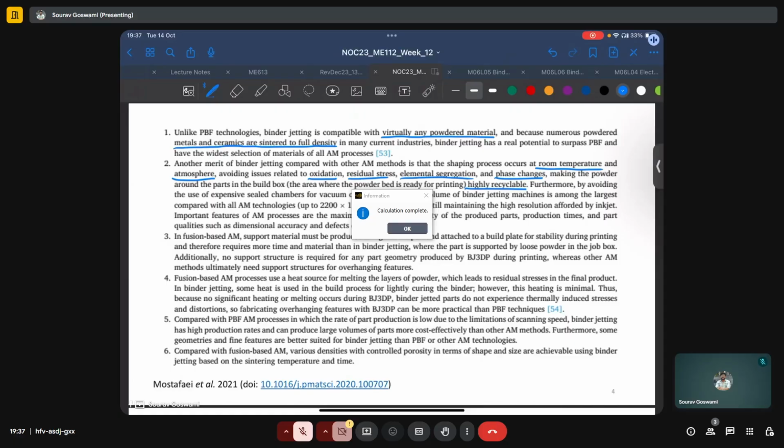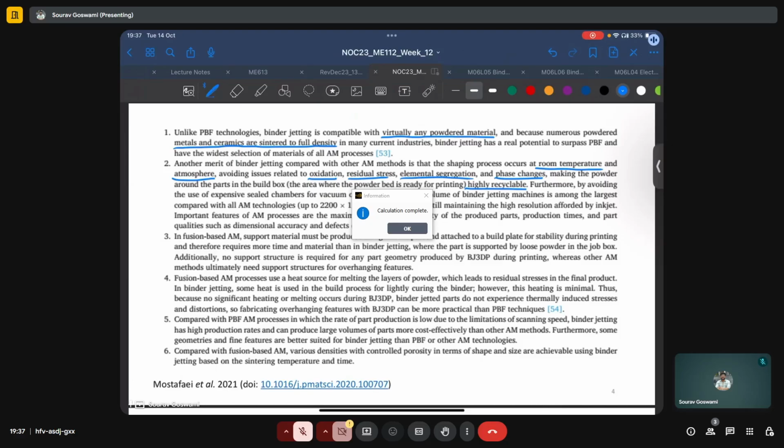Further, the powder particles may end up getting contaminated as they come in contact with the build chamber or the part which is getting built. And so, while they may be recycled, their properties will never be same as the properties of the nominal powder. The case in binder jetting is quite the opposite, where the powder is highly recyclable.